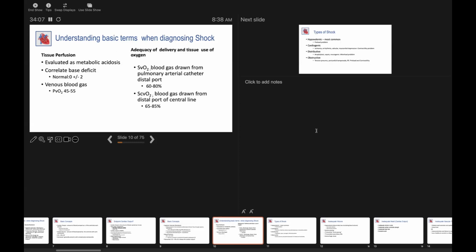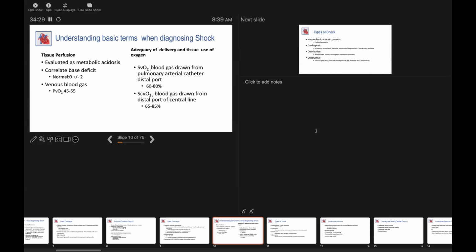In general, although you're doing venous blood gases, what you talk about is SVO2 or SCVO2, which is the reserve oxygen bound to the hemoglobin after first pass through the capillaries.